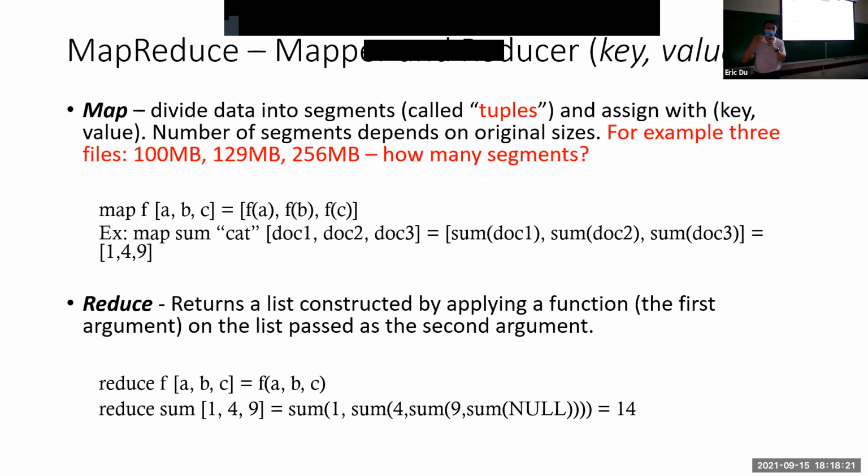This is a quick question based on what we just talked about. For 100, how many segments? Just one, because the block size is 128. For 129, how many segments? You have to cut 2, 128 plus 1. Even if it's 1, you still need another block to store that. So 256 is 2, correct?